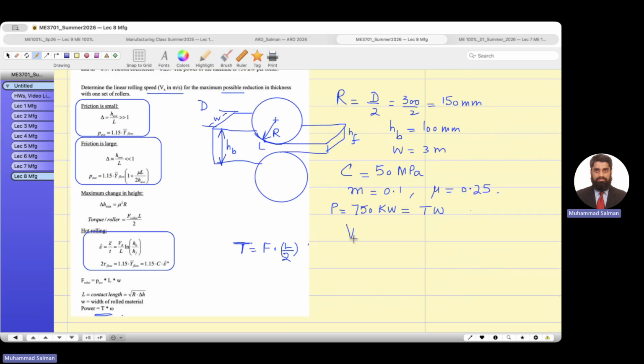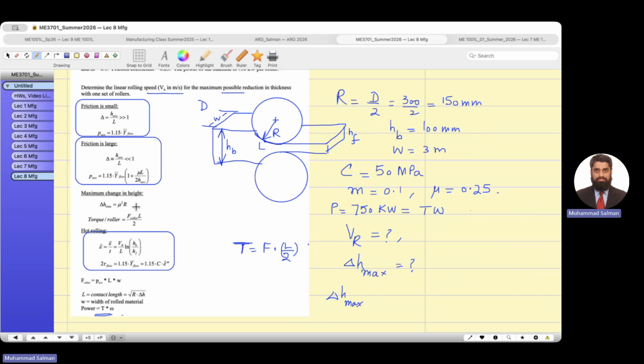So you have to find out VR. So delta H maximum.